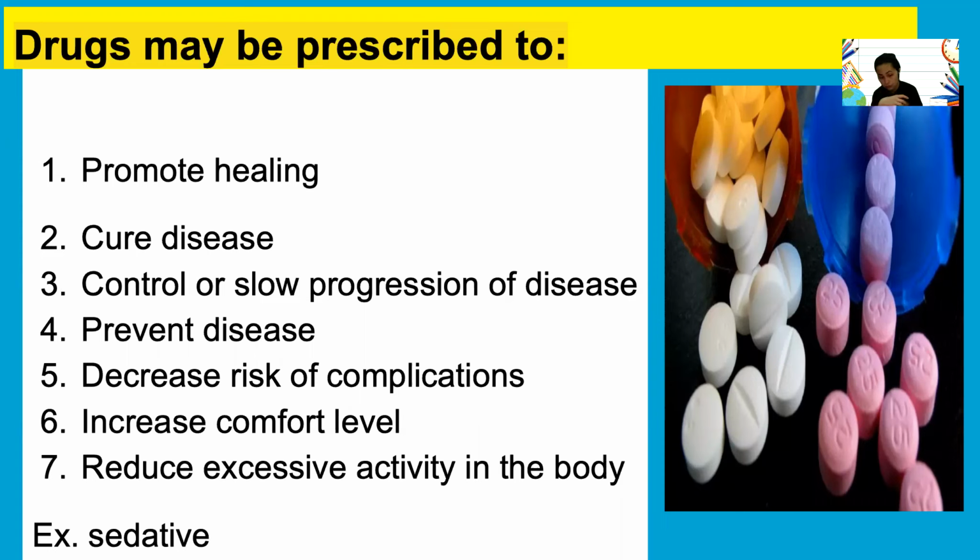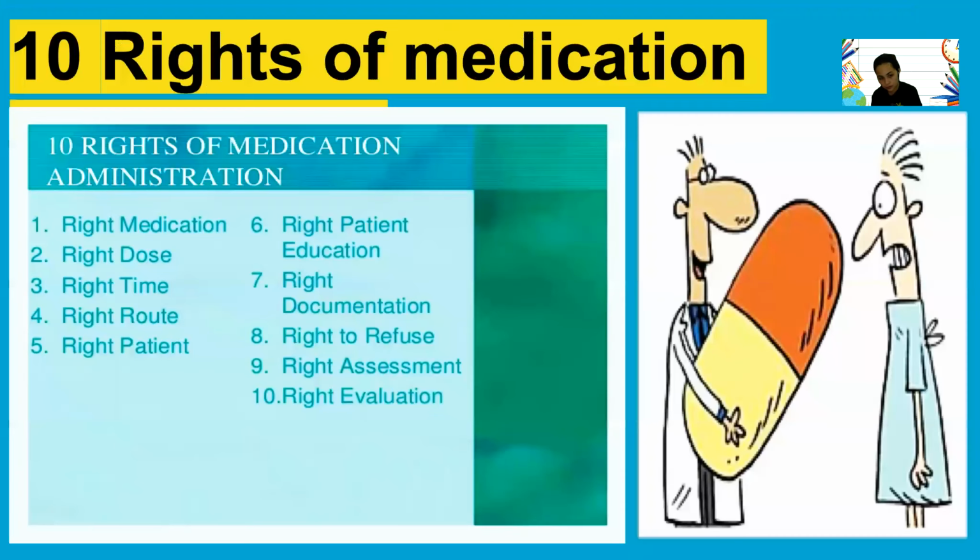What are those? Those medications that decrease our pain. Ibuprofen, paracetamol, tramadol. Reduce excessive activity in the body. What are those? Those medications that we are using for seizure, convulsion. Okay, so those medications are sedatives.